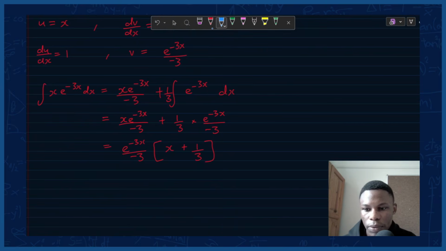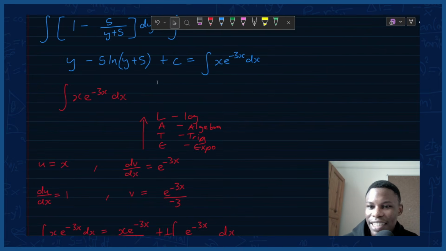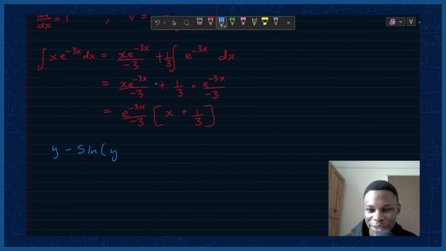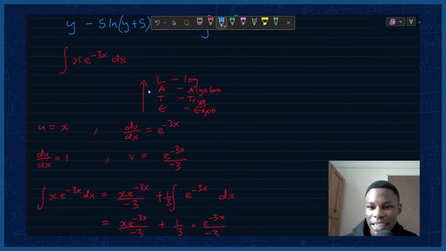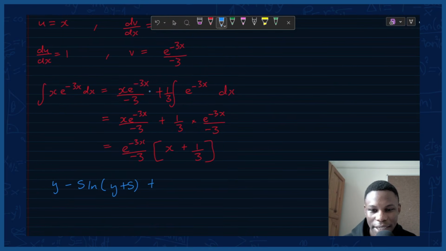So that's y minus 5 ln, that 5 looks like an s. But it's between you and me, you know that's a 5. Plus c, this is equal to e to the negative 3x over minus 3 times x plus a third.